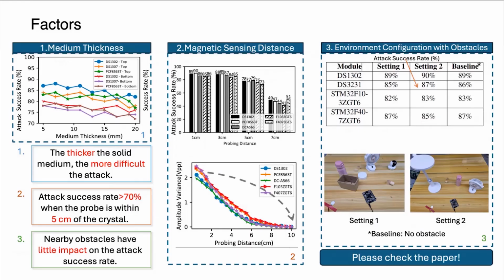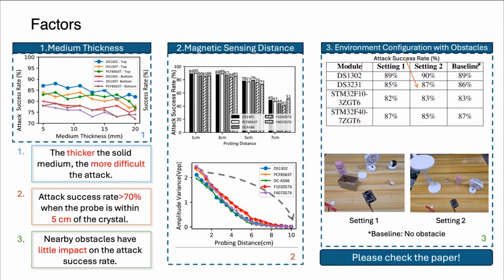We also studied the robustness of the attack. First, the medium thickness. We can find from the graph that the thicker the solid medium, the more difficult the attack is. From the second part, we can see the effect of the magnetic sensing distance on the attack success rate.